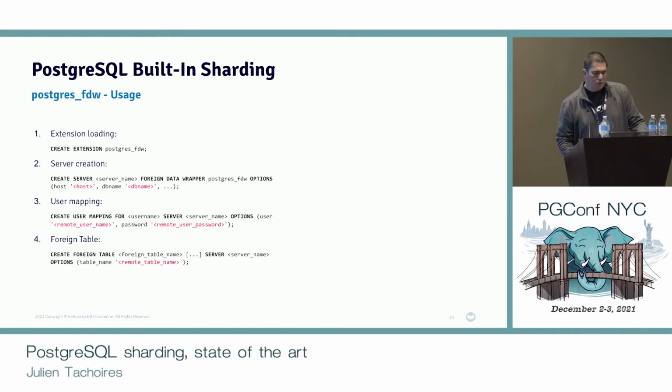And each user mapping is attached to a Postgres foreign data wrapper server. And finally, we can proceed with the creation of our foreign table with the help of the create foreign table statement. And like user mapping, each foreign table is attached to a foreign data wrapper server.